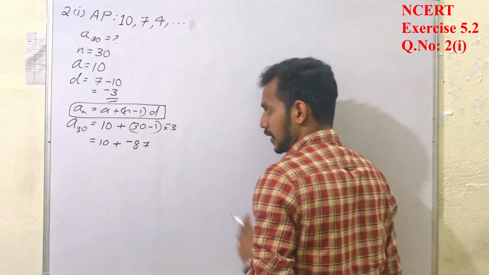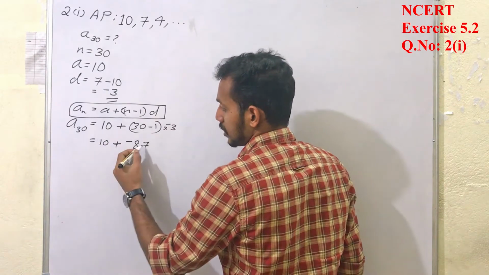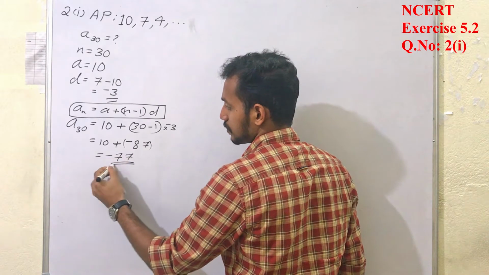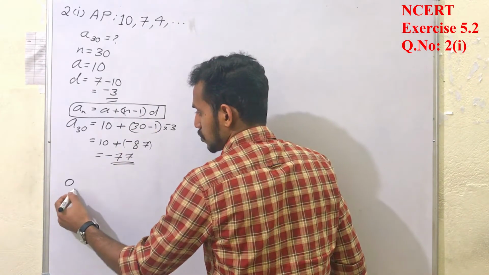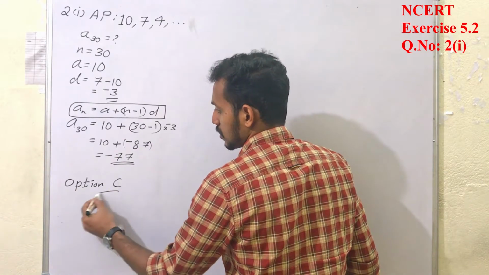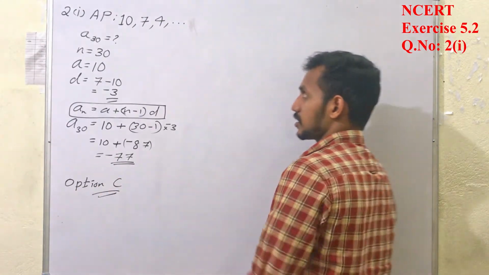Clear? Then 10 plus minus 87 is equal to minus 77. So according to your textbook, option C is minus 77. So option C is the correct one.